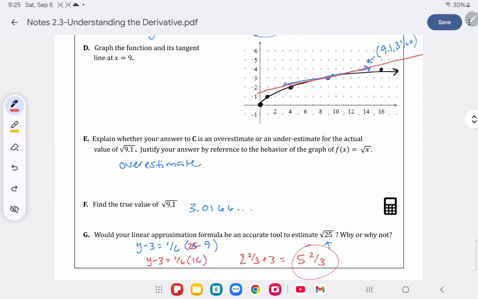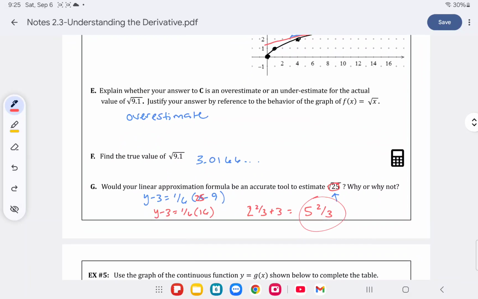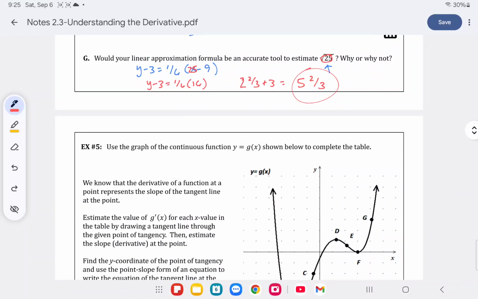It's pretty far off what the square root of 25 actually is, to get 5.67 instead of just 5. So the further away this number is from 9, which is where our tangent line was based, the further away our answer would be. So if you're trying to approximate values, you want to make sure you're using a tangent line that is close in proximity to the value you're trying to find.